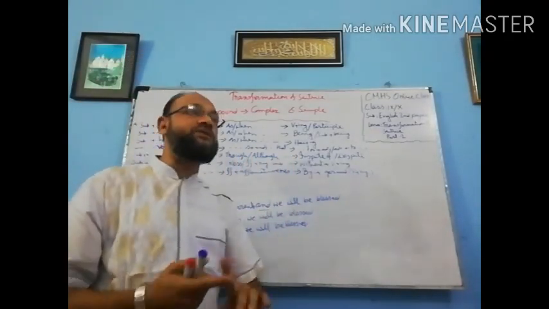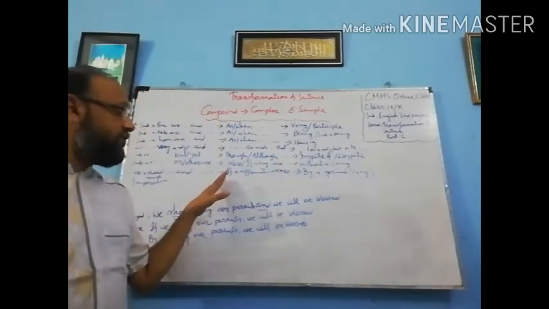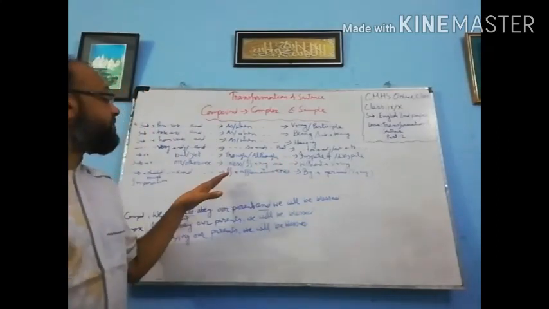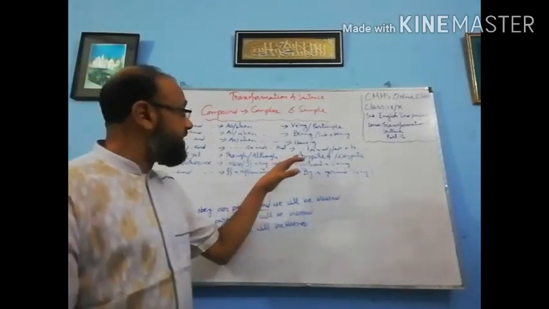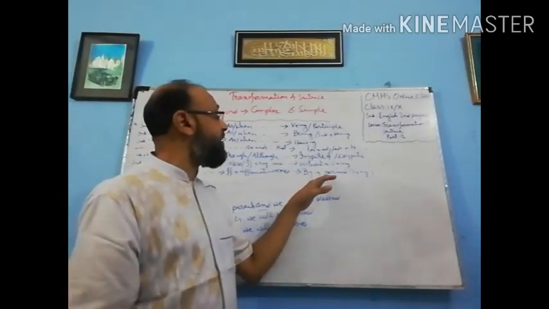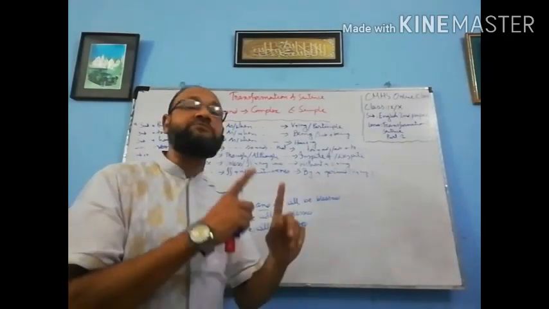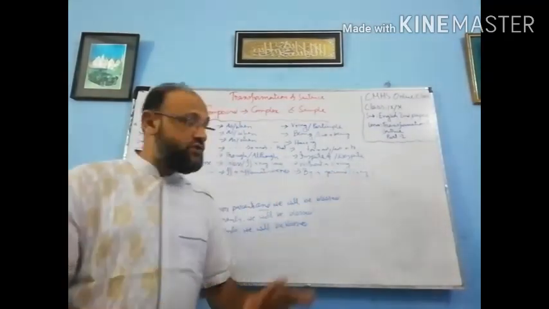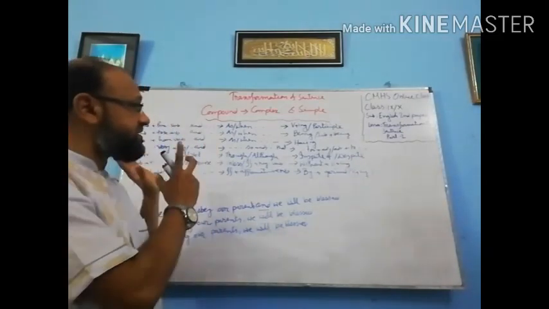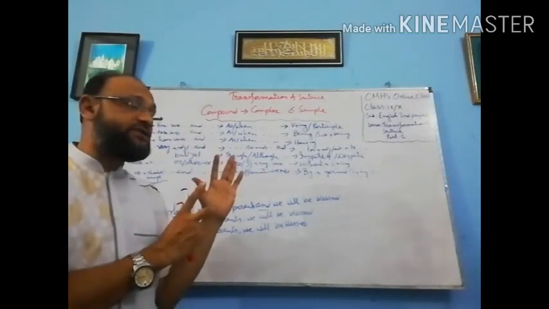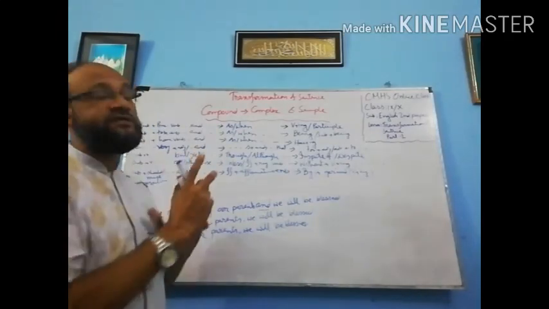You can use some other things like that, like in case of, in place of, etc. And we can make it simple using by plus gerund, that is by plus verb plus ing. So if you keep these hints in mind, you can make any compound sentence complex and simple.